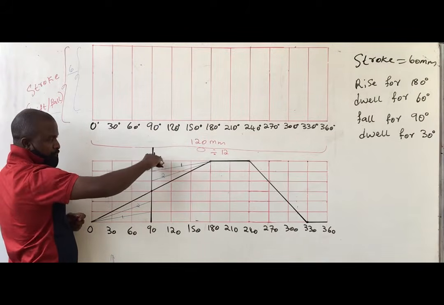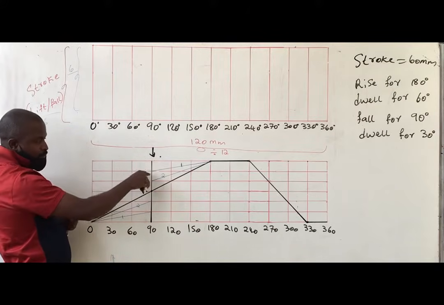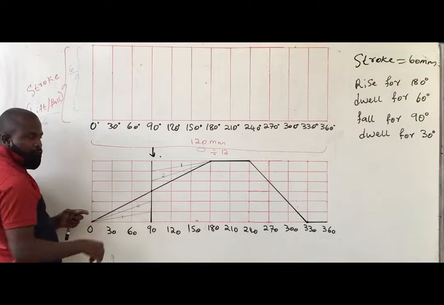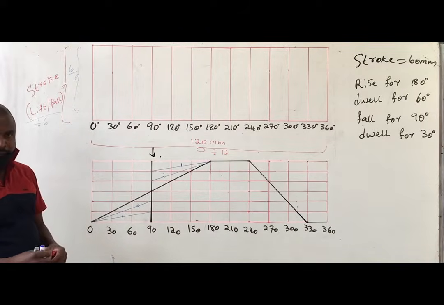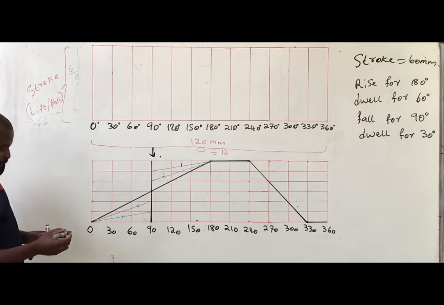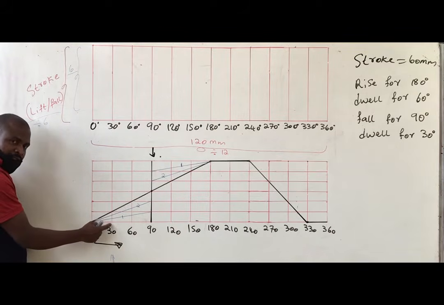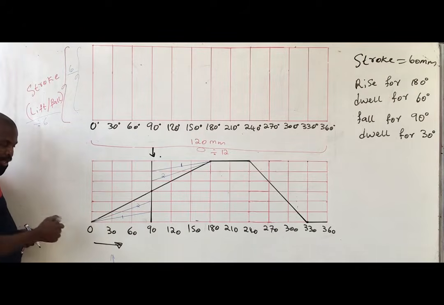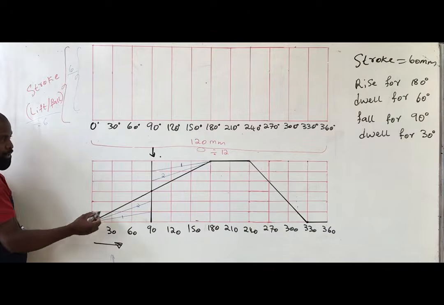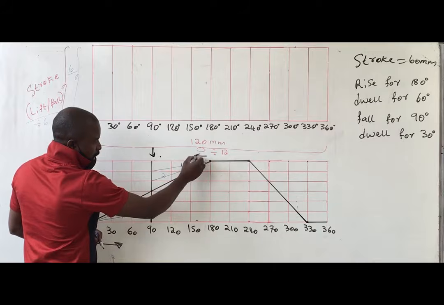It means I'm going away from the drawing, so I need to go down. So when I go down, this line is my first one, this one is my second one. When I go to the left, 30 is my first division, 60 is my second division, right? And now I'm starting from the start of the rise. When I start from the end of the rise, I must go in that direction.